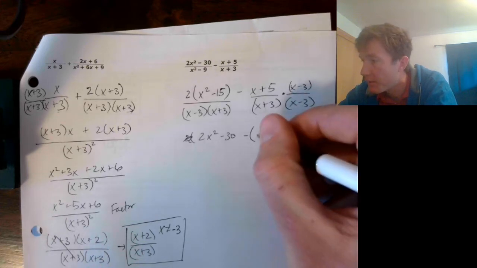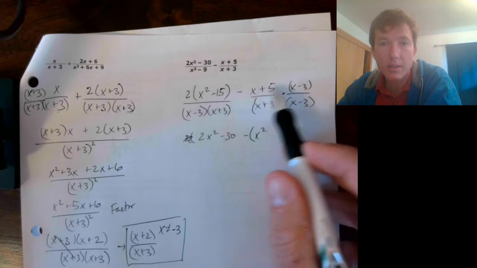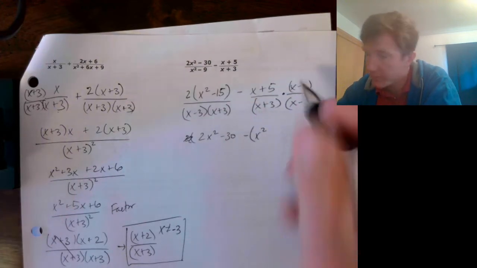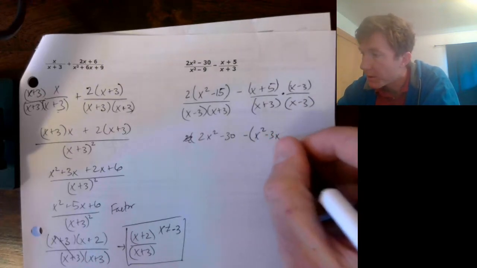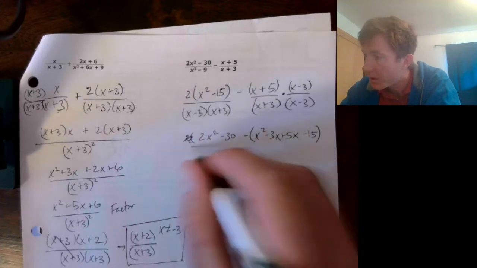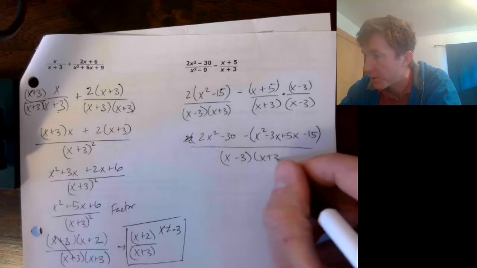X times x, so I'm foiling here. This is x squared. X times negative 3 would be negative 3x. So minus 3x plus 5x minus 15 all over x minus 3 times x plus 3.